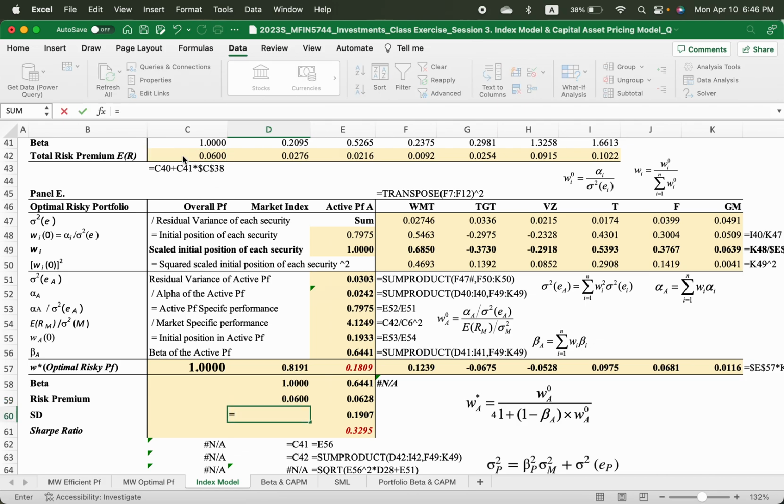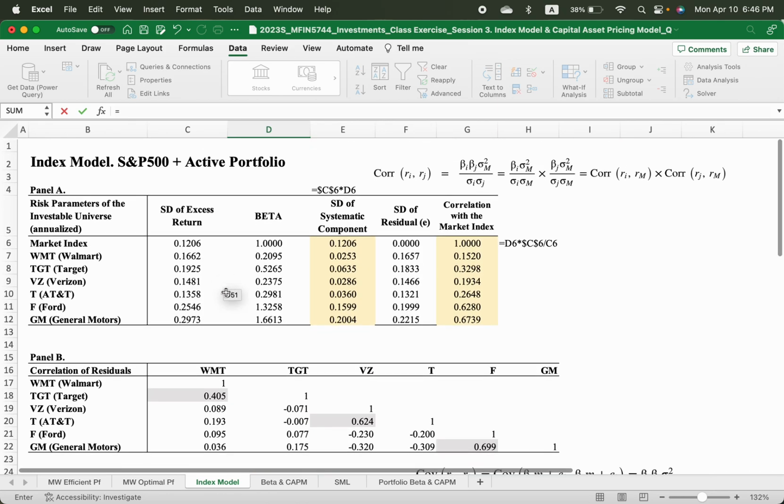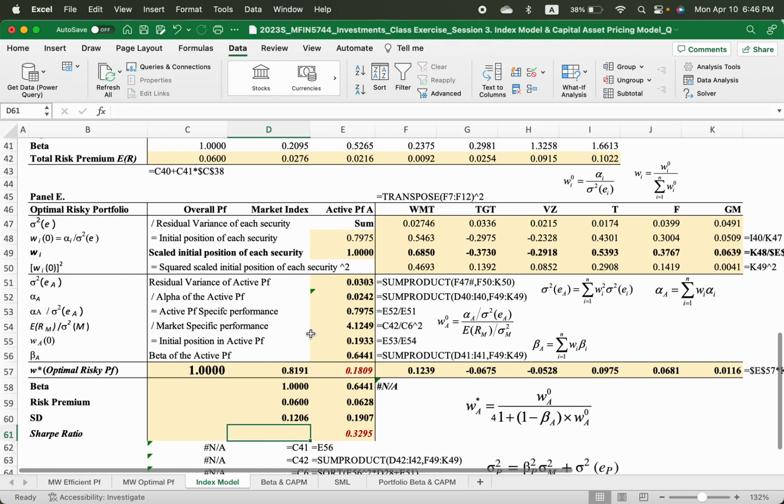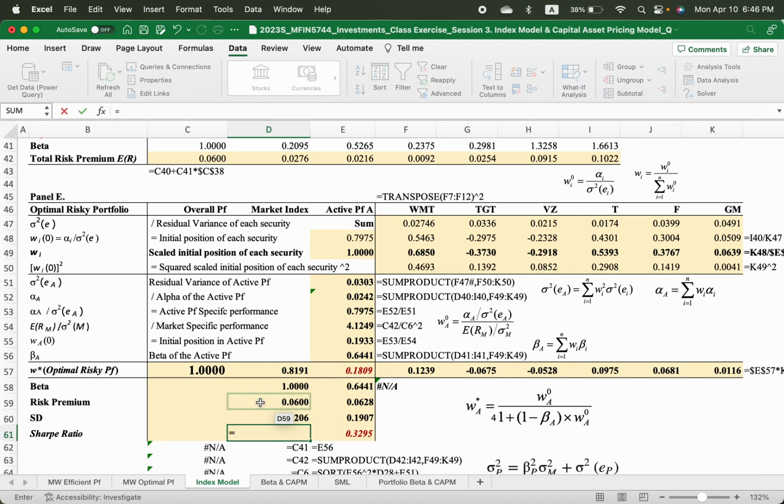And what is the standard deviation? We got this standard deviation of the market index here. And then the Sharpe ratio is the risk premium divided by the standard deviation. Wow, the Sharpe ratio of the market index is 49.75, which is way higher than the active portfolio's Sharpe ratio.